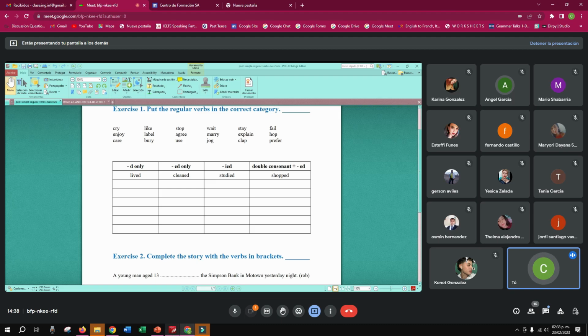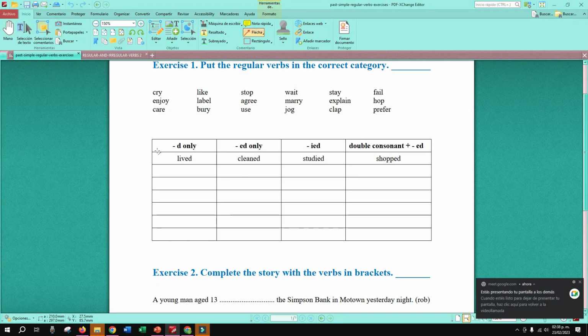You have here three columns, right? D only, or ED only, IED, and also double consonant plus ED. So you're going to classify all these verbs, right?